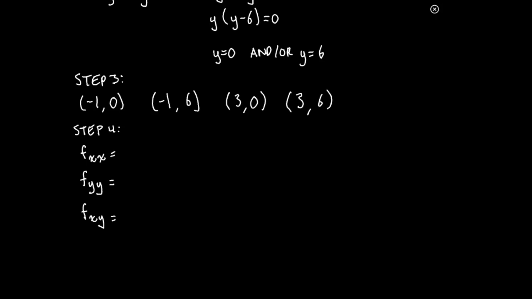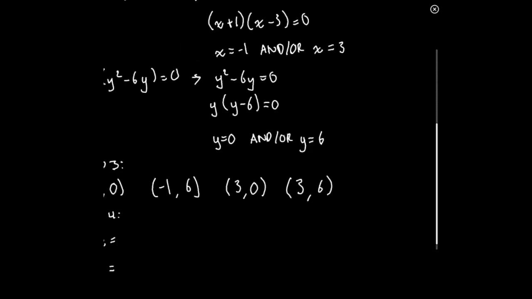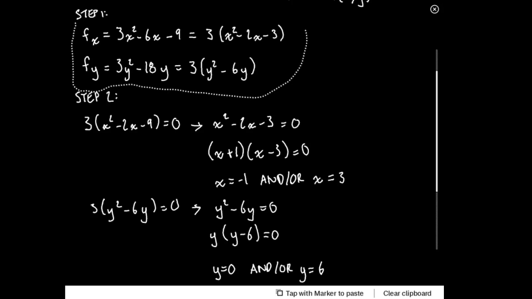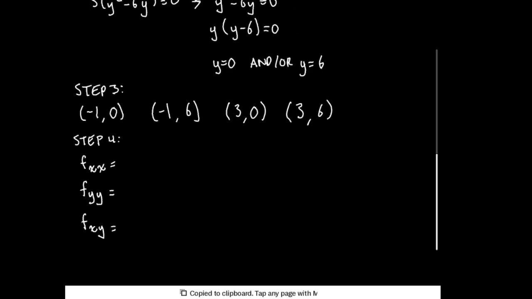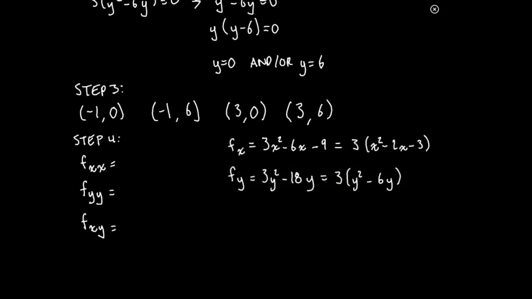Okay, so we're finding the partial derivative of these ones that we found up here. I'm going to grab these and bring them down for reference so that we can look at them. So these are the functions that we're going to be taking yet another partial derivative of.